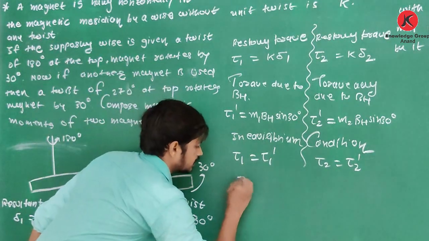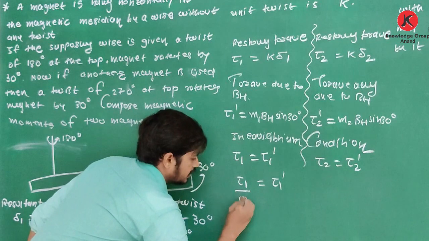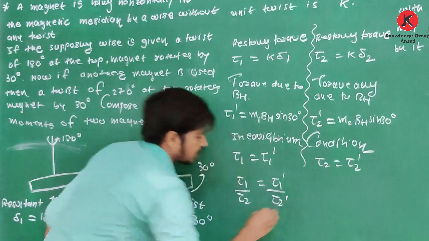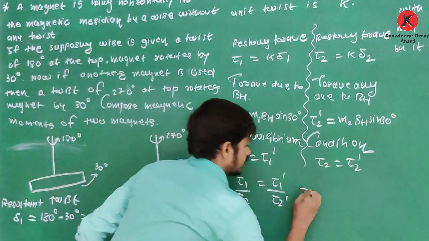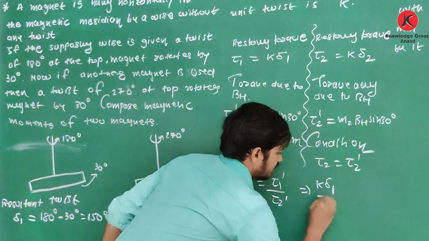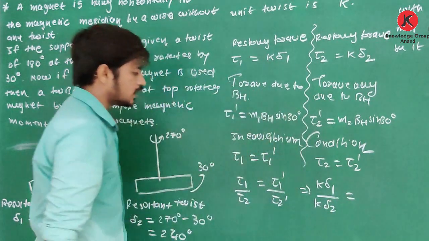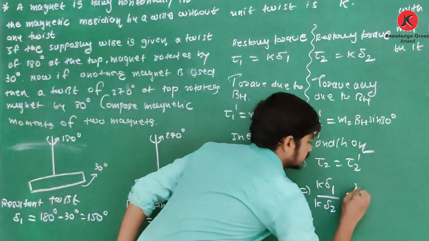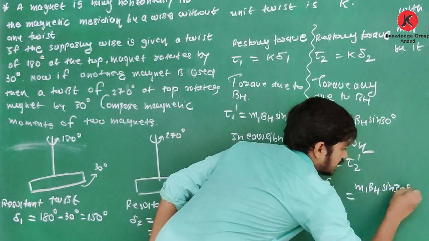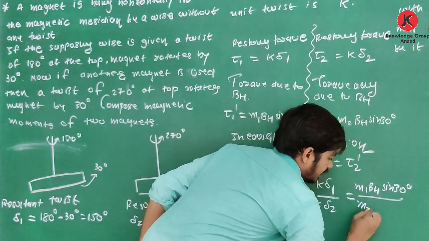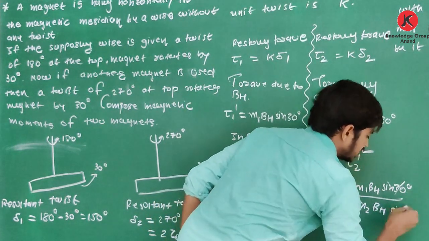Now if I take the ratio of these two equations, tau 1 upon tau 2 is K del 1 upon K del 2, equal to tau 1 dash upon tau 2 dash, which is M1 BH sine 30 divided by M2 BH sine 30.